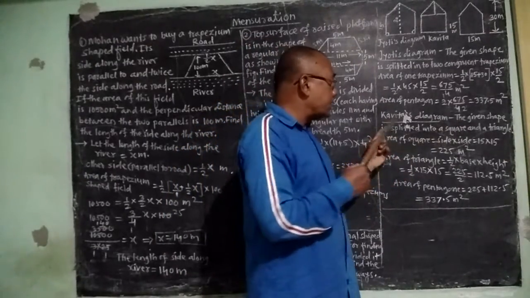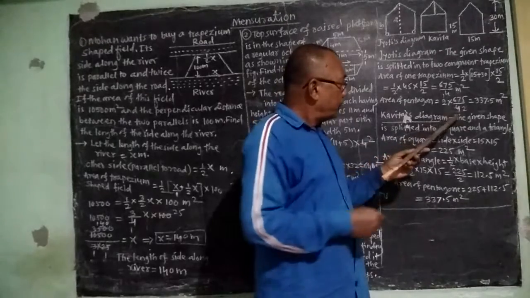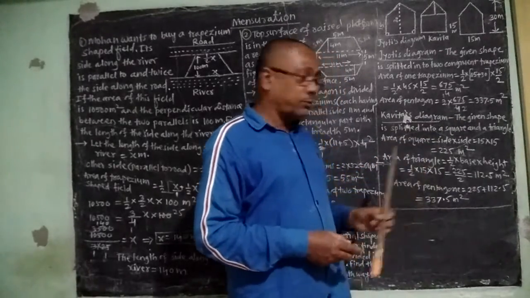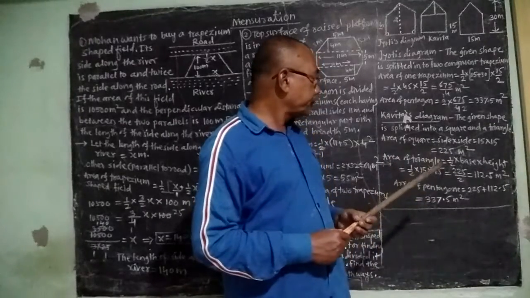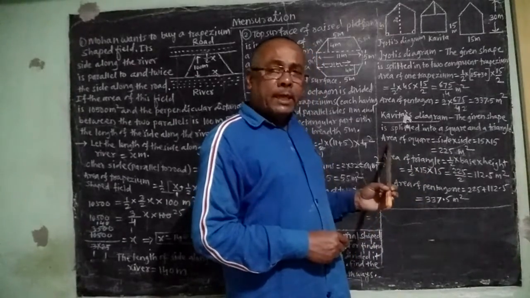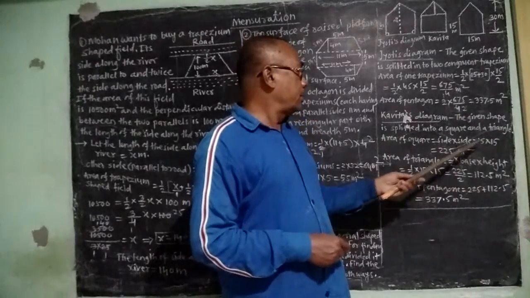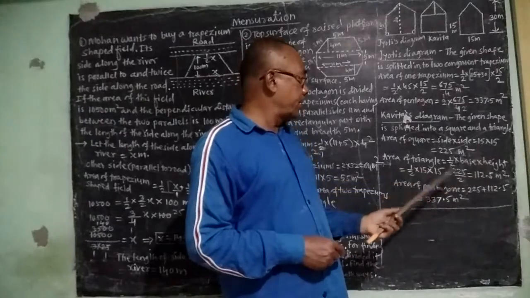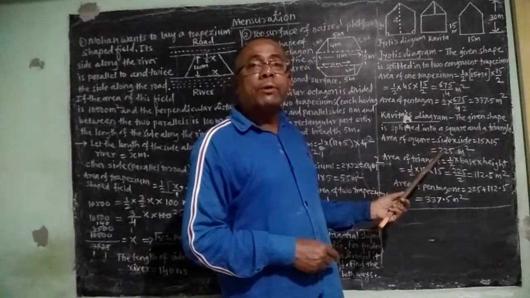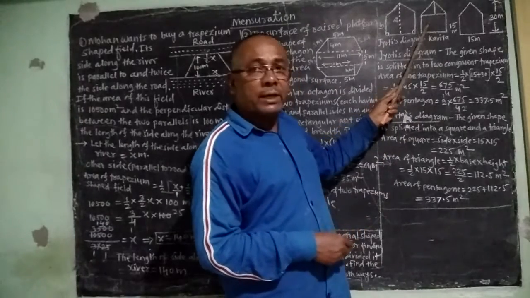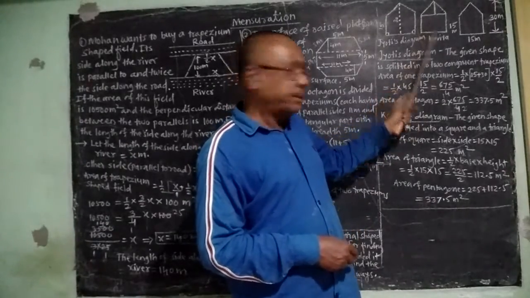So according to Kavita's diagram, the given shape is split into a square and a triangle, and therefore area of a square is equal to side into side, and that is equal to 15 into 15. We will get the area 225 meter square. So area of this square is 225 meter square.